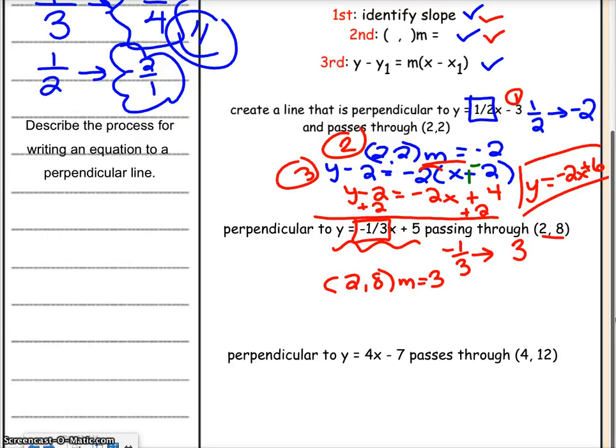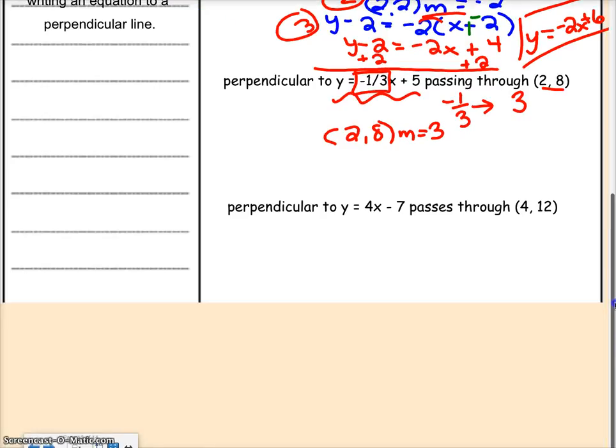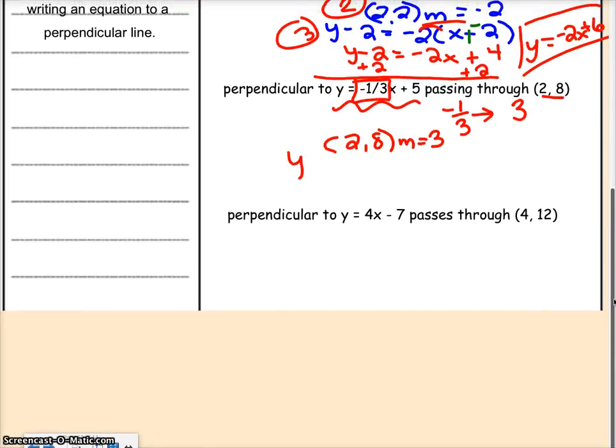Step 3, point slope. So y minus 8 is equal to 3 times x minus 2. Am I done? No. No, I gotta get y alone. Distribute. y minus 8 equals 3x minus 6. Add 8.